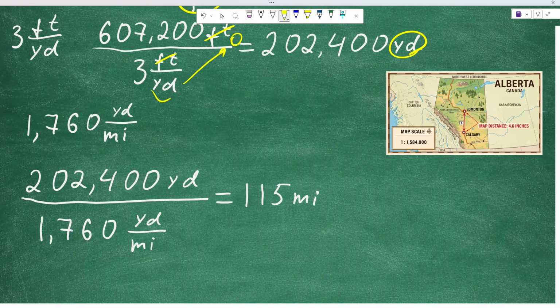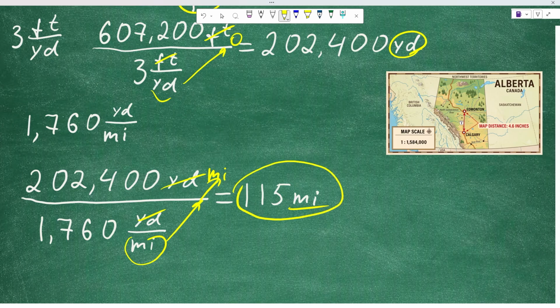Again, checking our units, yards cancel out and miles go to the top. So we have miles here and miles here. This is a confirmation that what we did is right in terms of units. And here is our final answer. The actual straight line distance between Calgary and Edmonton is 115 miles.